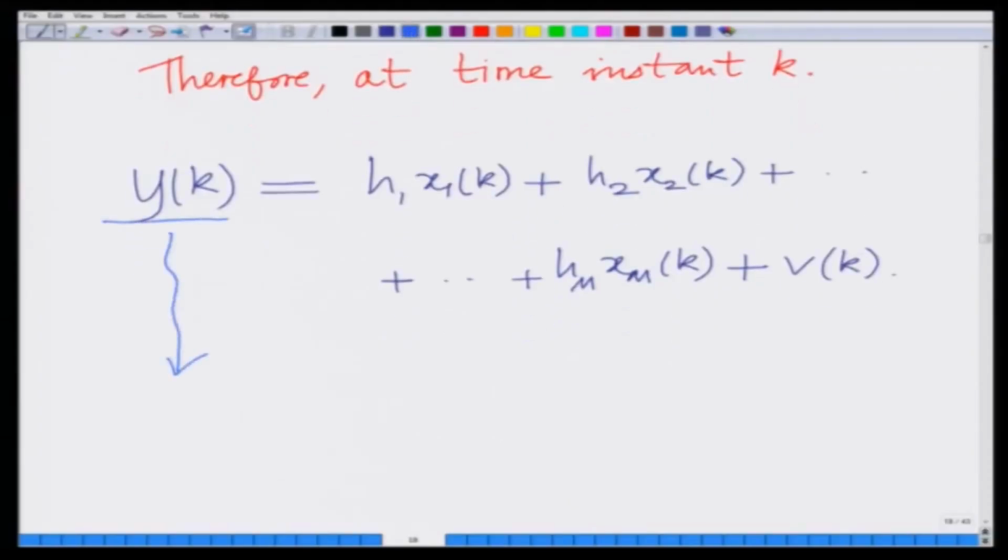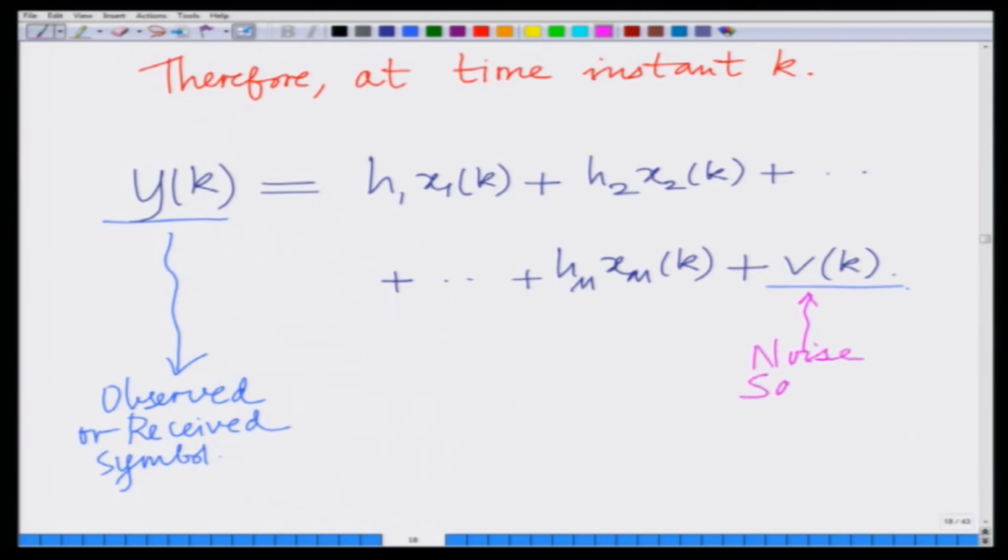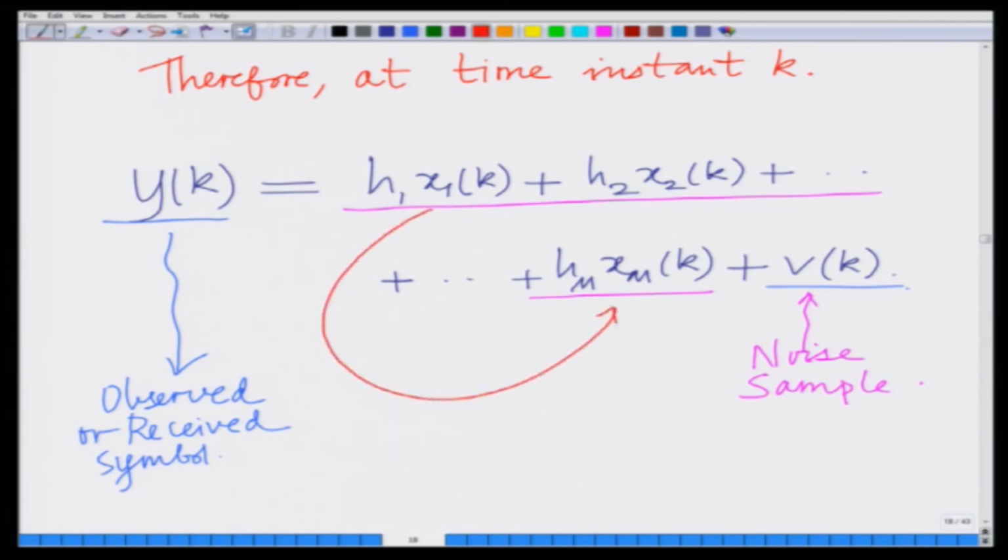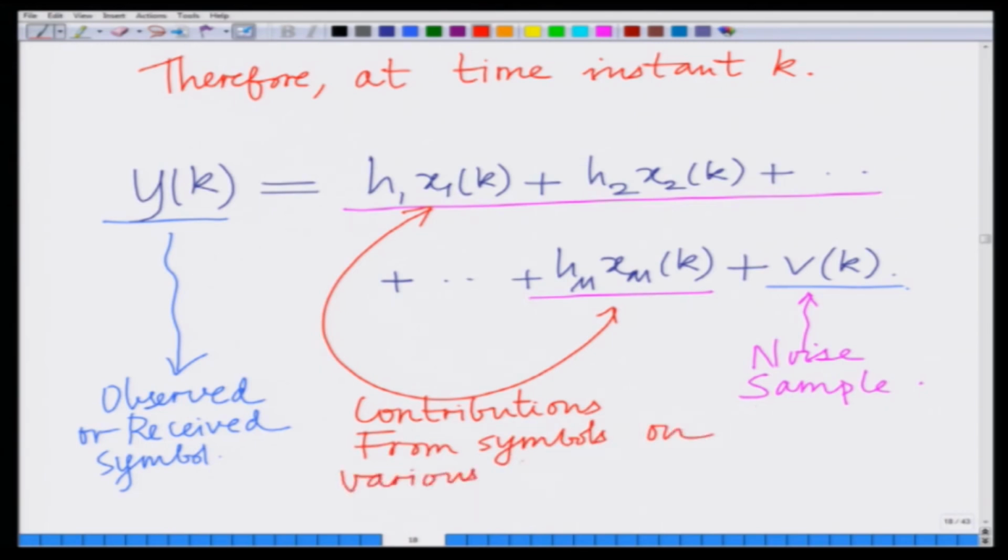Okay. So, yk is the observed, or one can say received, symbol at the receiver. vk is basically your noise sample, and these are the contributions from symbols transmitted on the various transmit antennas.